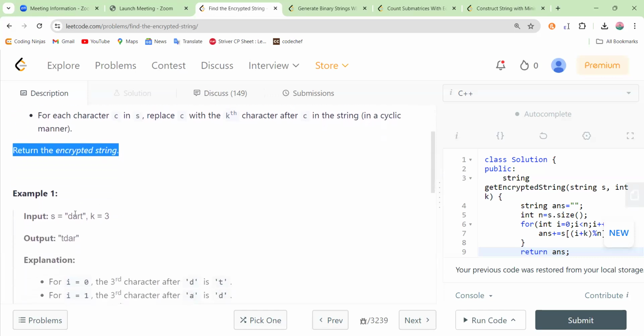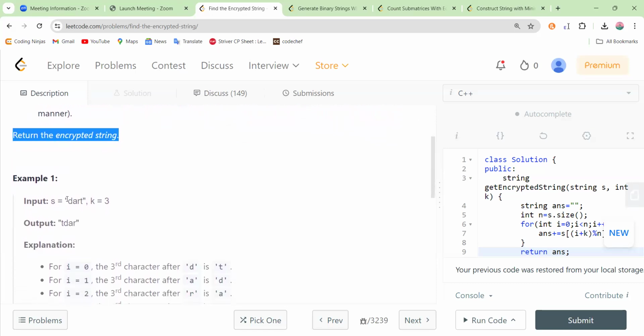For example, if you look at this first input, the string is DART and the value of k is 3. The first character is the third character after index 0 in the string. After D, what is the third character? The third character is T, right? A is the first character, R is the second, and T is the third.